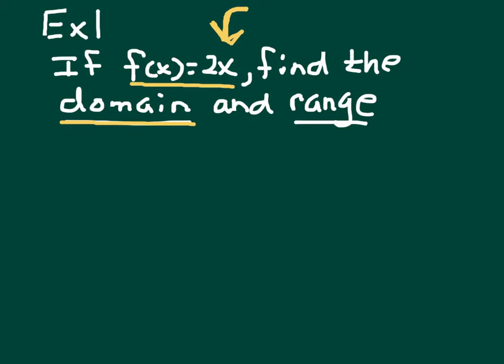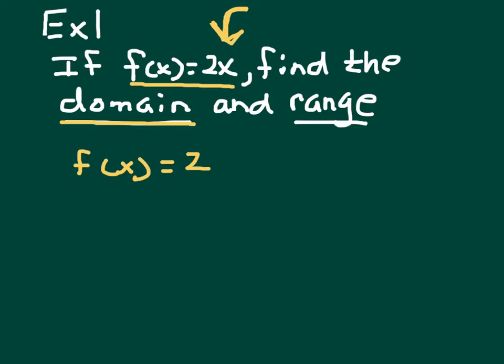For example, if I put 0 in for x, 2 times 0, the result is 0. I could put negative numbers in for x. I could put in a negative 3, and 2 times a negative 3 is a negative 6. So something I want to zero in on before we answer this example is the numbers that I can put in for x.